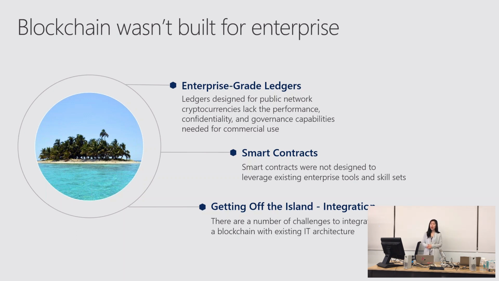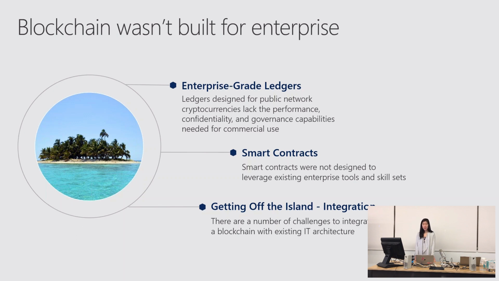So right now when you write a smart contract, you have to figure out, what's the ledger that I'm using? You have to write a very specific smart contract in a specific language for a specific ledger. And so, it's not super modular. You can't do things like call data that's not already on the blockchain. So there are lots of limitations around smart contracts right now, which make it difficult for enterprises to move forward as well.